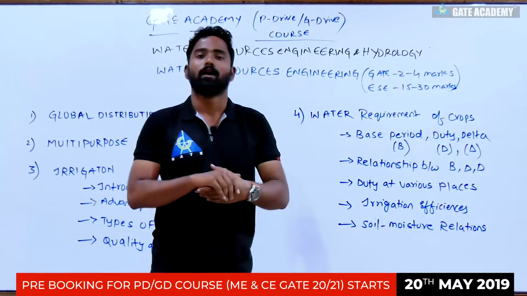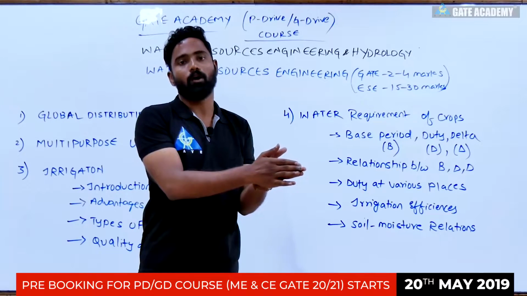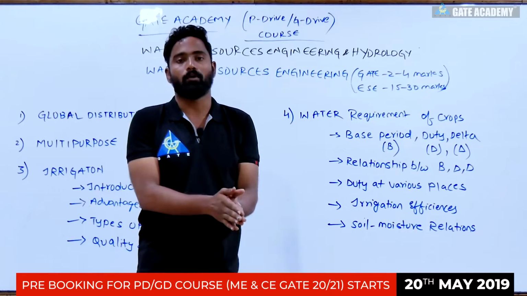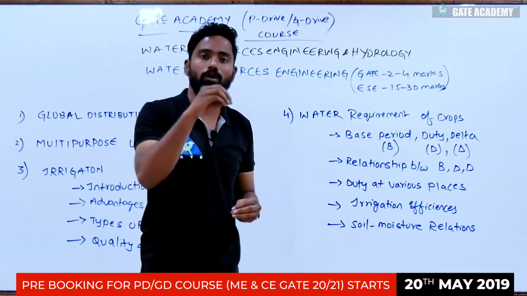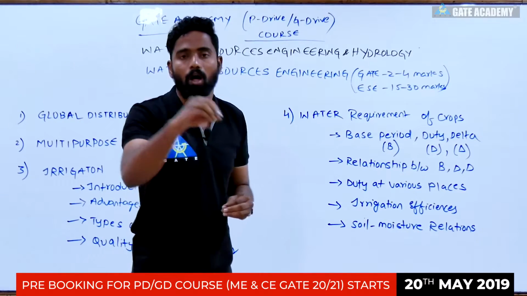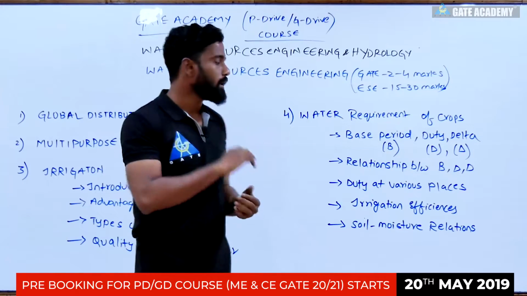Efficiencies means, what is efficiency? Output minus input upon input, or input minus output upon input. How much water you are giving, how much water is reaching, right? That is efficiency.